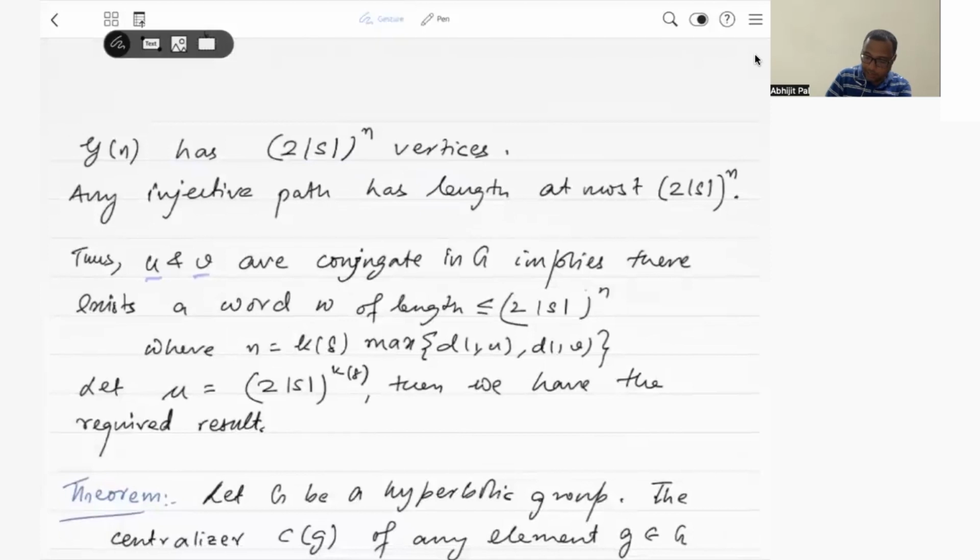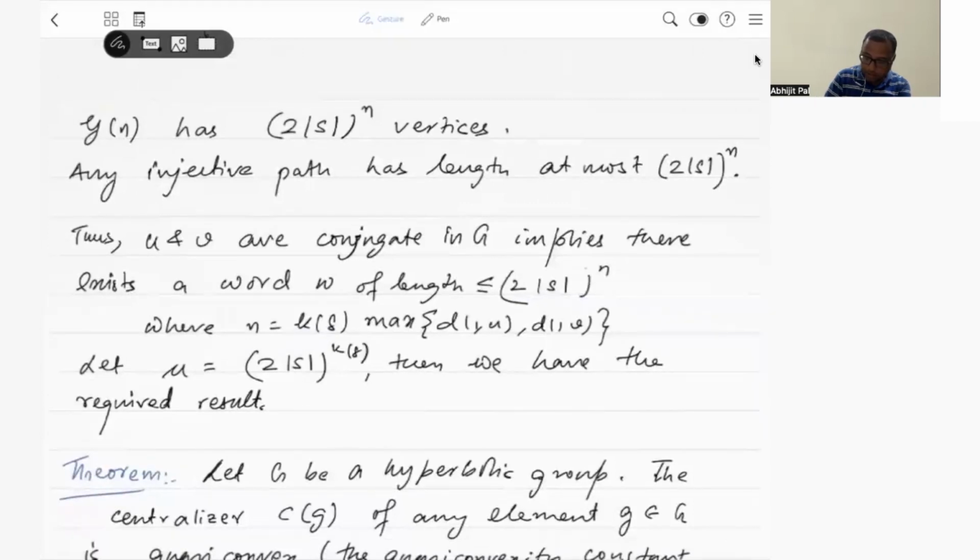So if U and V are conjugate in G, this will imply that there exists a word W of length less than or equal to 2 times the cardinality of S to the power n, where n is equal to k delta times the maximum of the distance between 1 and U and the distance between 1 and V. So this will imply that U and V are conjugate to each other, with W inverse U W equal to V, and the length of this word W is less than or equal to this.